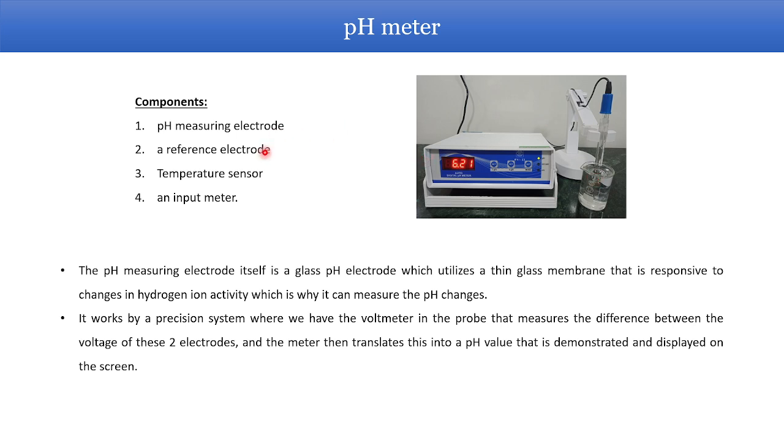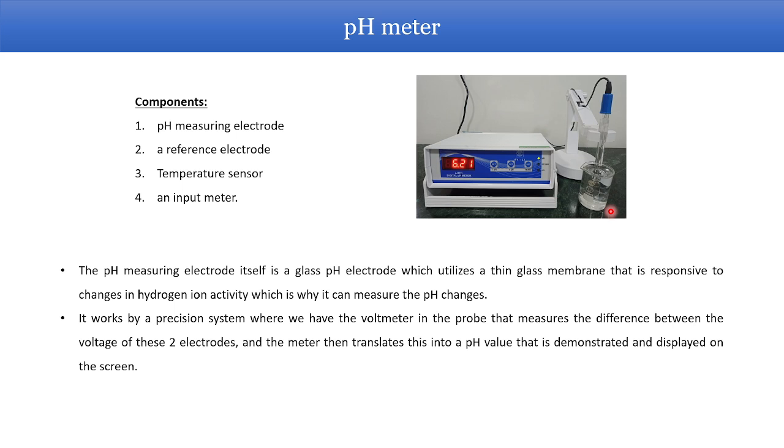You have a reference electrode that normalizes the pH, and you need a blank solution as a reference for whatever solution you are using. Otherwise, how will it know? So you have 3 solutions, a pH of 4, a pH of 7, and a pH of 10. These are the reference solutions, and you use the electrode to measure these solutions. You calibrate the instrument and then you use it.